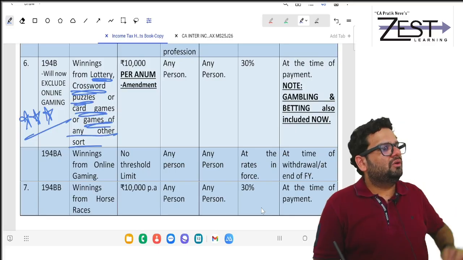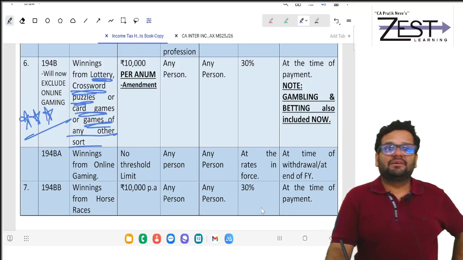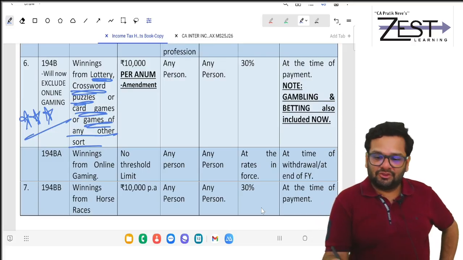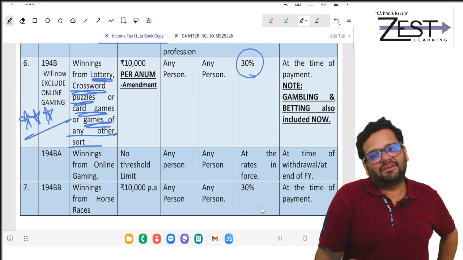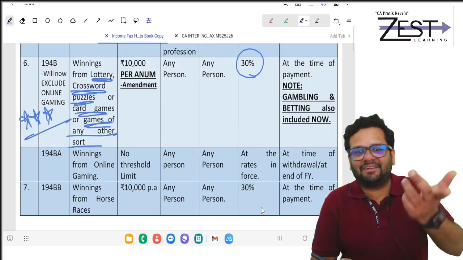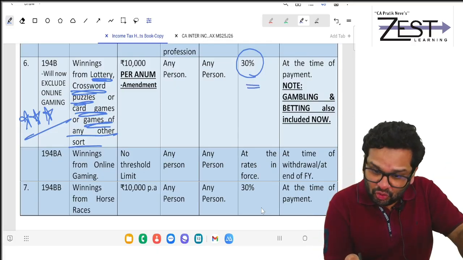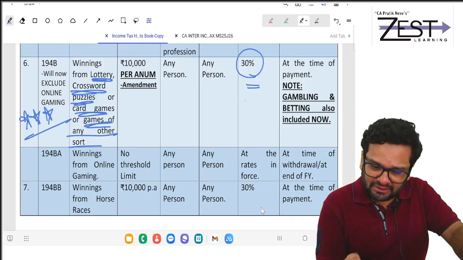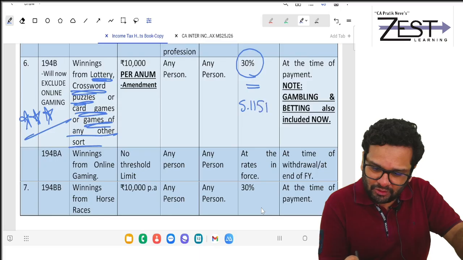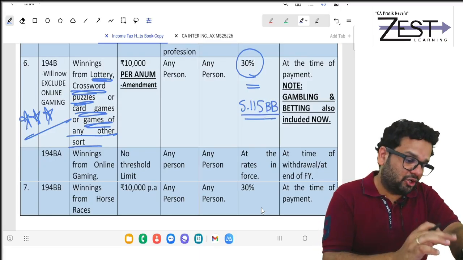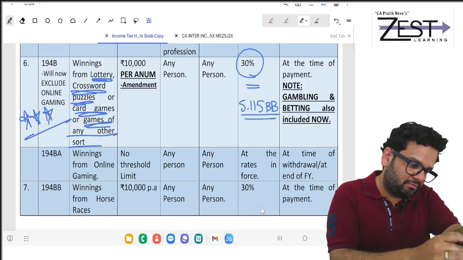You know that if you win such things, then tax is at 30%. So TDS is also at 30%. You know the fate of that money. It's going to be taxed at 30%, so why not keep TDS also at 30%? So 30%, which is equal to section 115BB. Means the rate of TDS is the same as in 115BB.